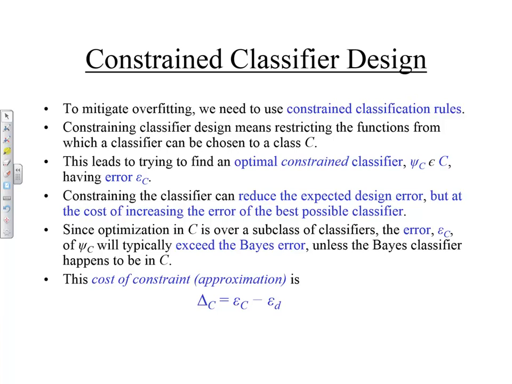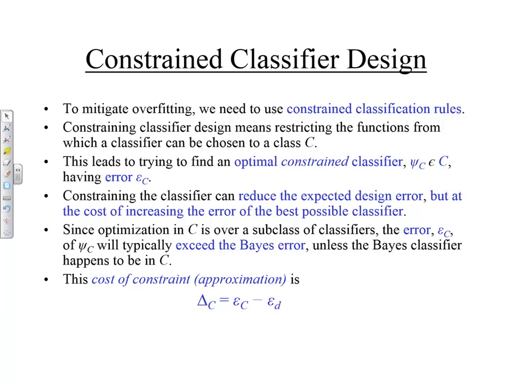So let's find an optimal constraint classifier psi C belonging to that class, having error epsilon C. Constraining the classifier can reduce the expected design error, but at the cost of increasing the error of the best possible classifier. Because the design error will go down, since it's a constraint classifier, so it has probably fewer parameters and I can design it more easily. So my design error will be smaller. But in going from the base classifier to this constraint classifier, I have sacrificed some performance because now I'm looking at the best one in a smaller class.